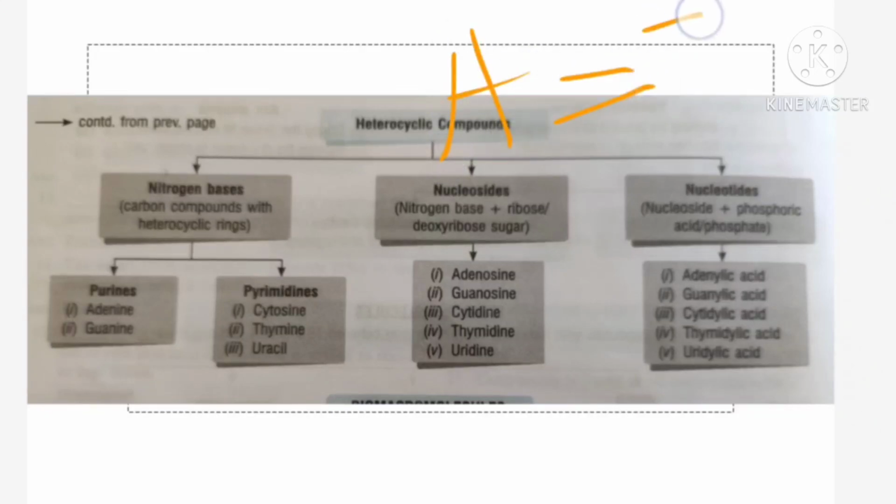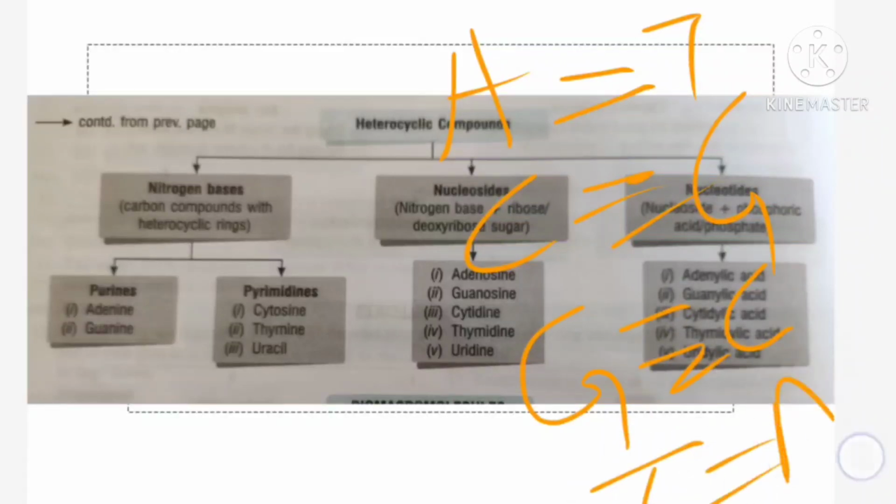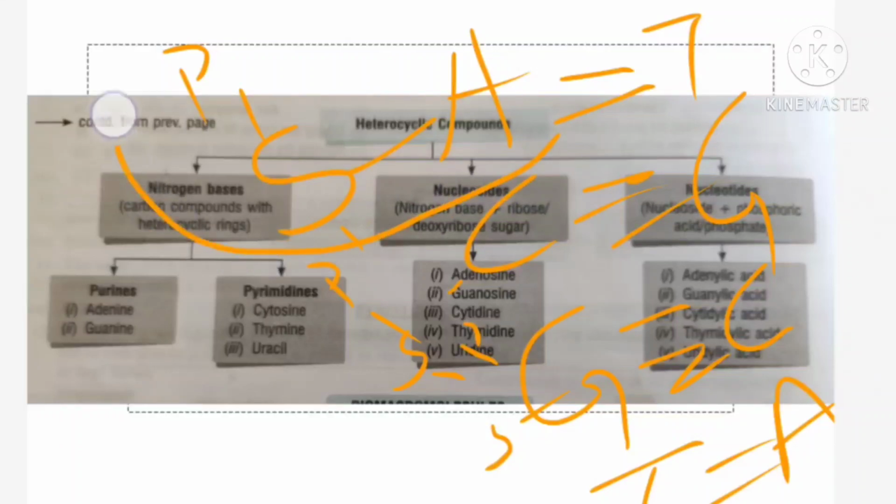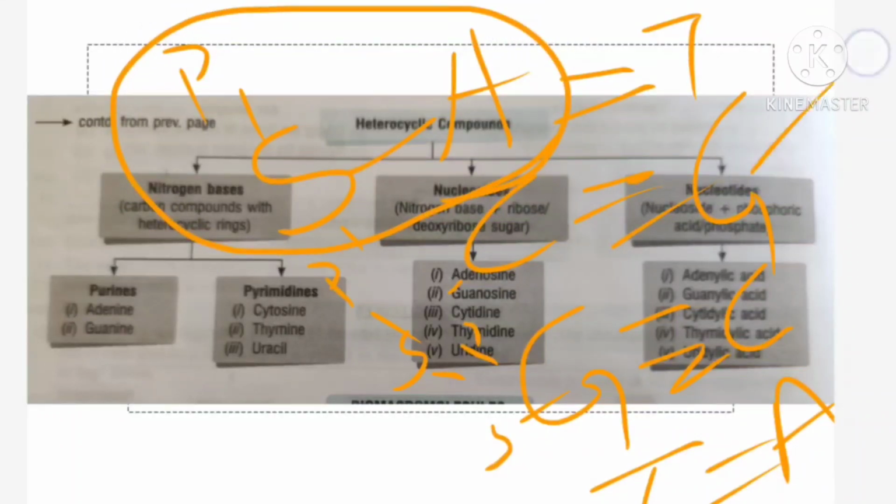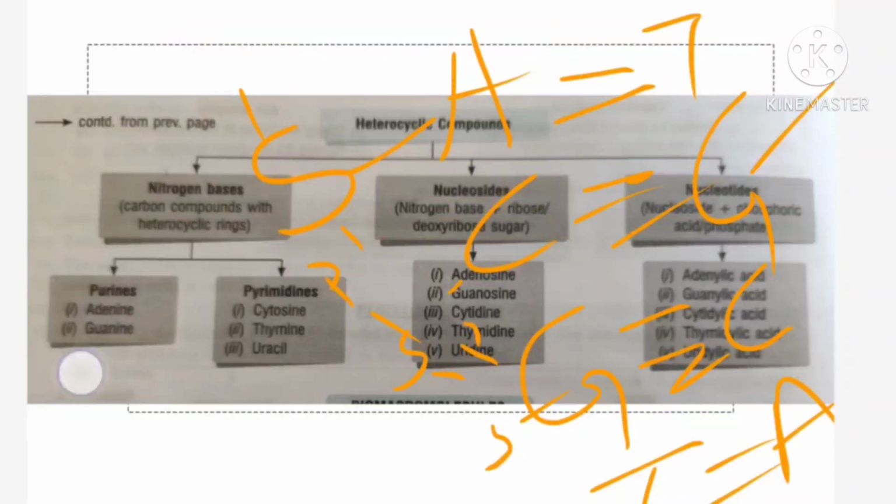A double bond T, C triple bond G, G triple bond C, T double bond A. Now here it is attached to sugar, sugar is attached with phosphate, again phosphate, again sugar, like this. You can find phosphate, then again sugar, like this the strand will be present. Now when this sugar, nitrogenous bases and phosphorus are adding together, we call them as nucleotides. What do we call them? We call them as nucleotides.